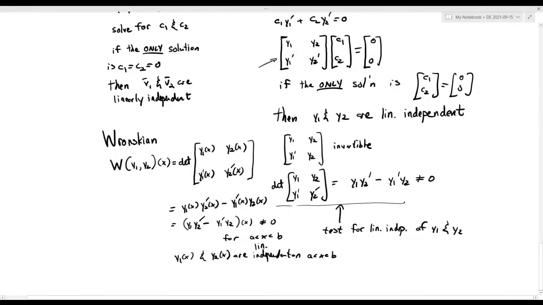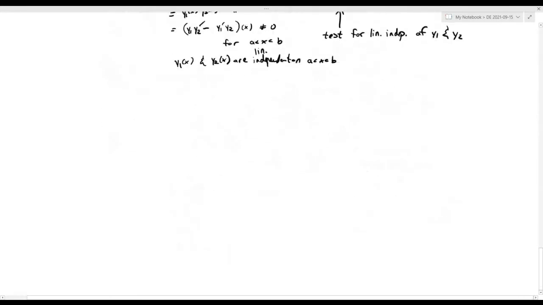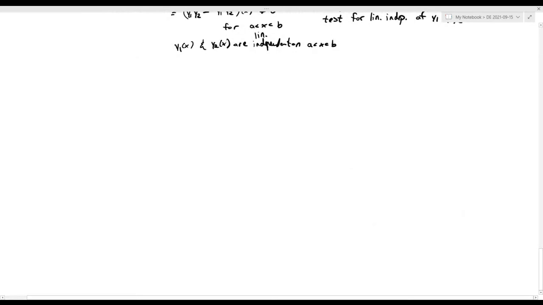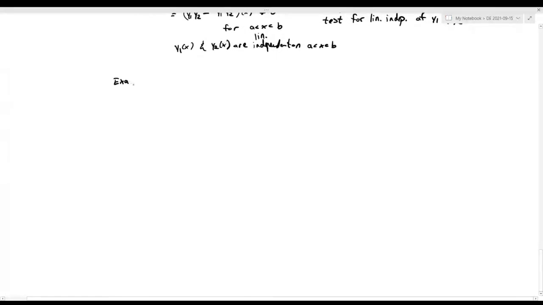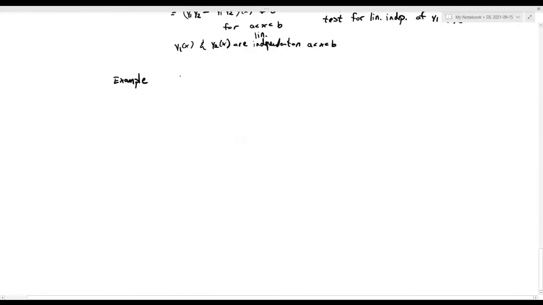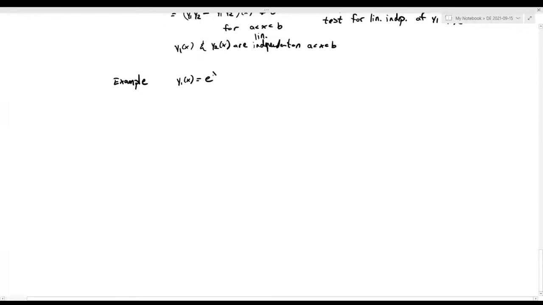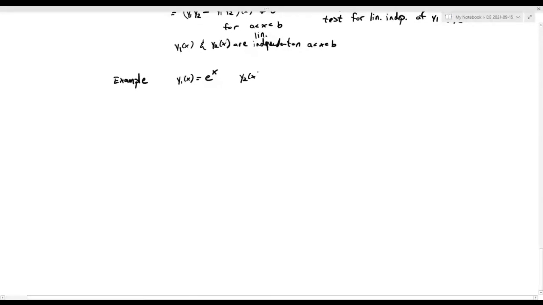Right. So let's take an example. Suppose that we want to know whether these two functions are linearly independent or not.